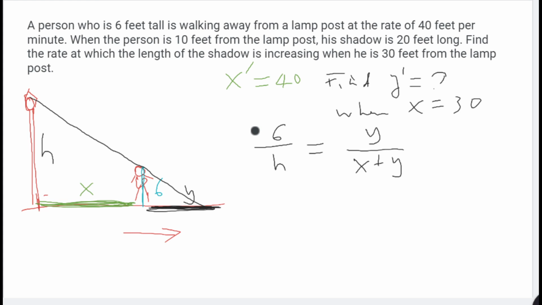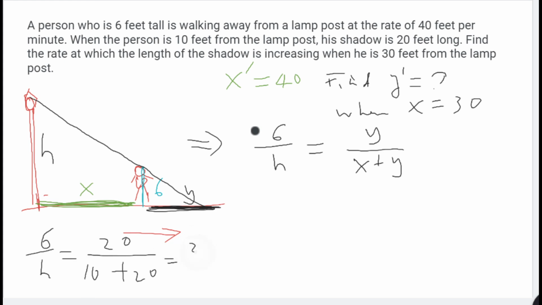In this case, h can actually be determined. Let's see how we do that. With this equation, we're going to use the information that says the person is 10 when his shadow is 20. So we have 6 over h equal to y over x plus y. Y is 20 when x is 10.